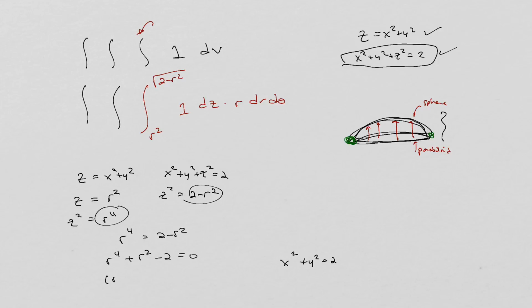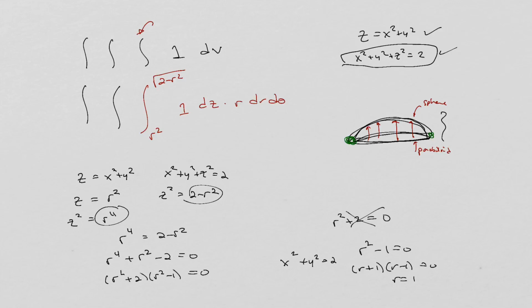I can factor this thing to get r squared plus 2 times r squared minus 1. So r squared plus 2, well, that's never going to be 0, because that would be imaginary. r squared minus 1 equals 0. That can factor into r plus 1 and r minus 1 equals 0.